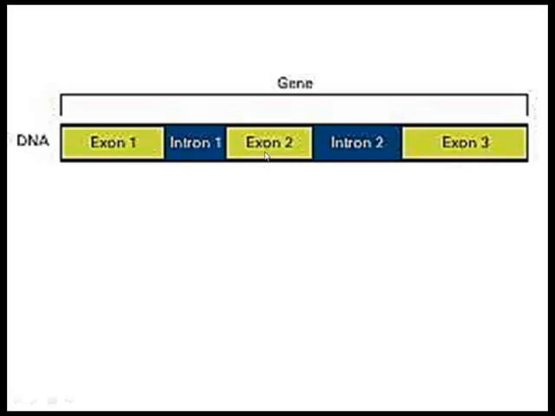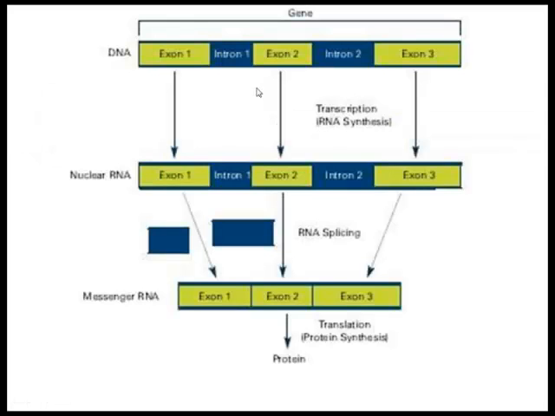These exons are the parts that are going to be translated to form the target polypeptide chain, and these introns are not translated. These are intervening segments. So again, this is the gene, which is a part of DNA that codes for the synthesis of a certain polypeptide chain. And here it's clear, the structure of introns and exons, or exons and introns.